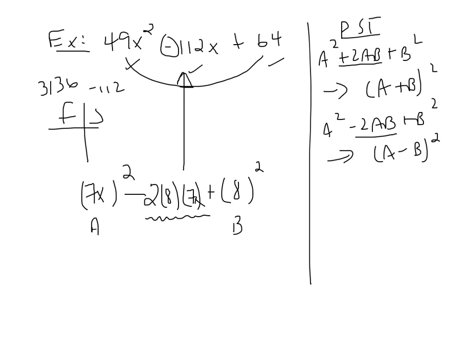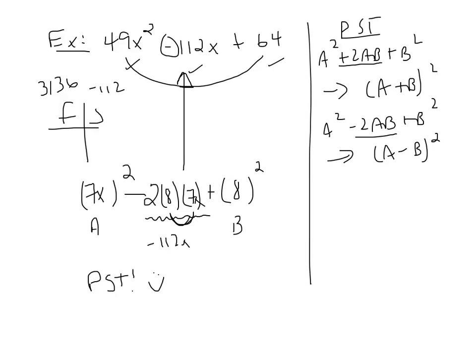If it does, we have a PST, so let's check. 8 times 7x is 56x, times negative 2 is negative 112x. So this means we have a PST, yay.